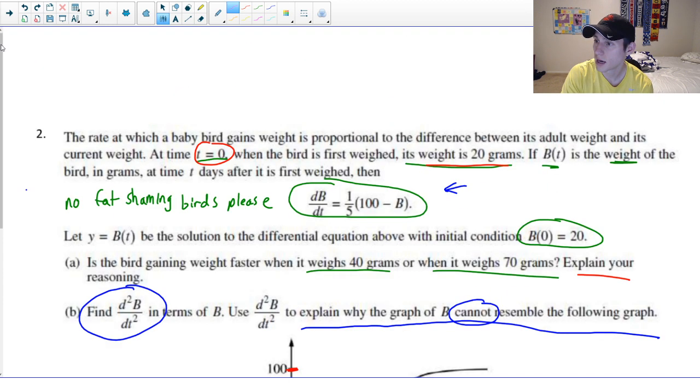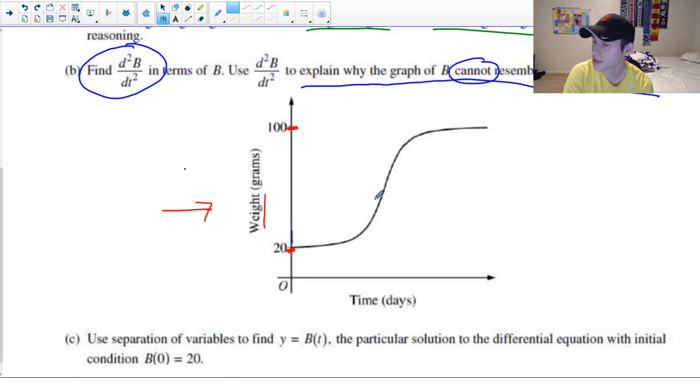Right, but let's go back to our graph. This graph is definitely not always concave down. It's concave down for this part of the graph, but this first piece is clearly concave up, right? And then it hits an inflection point and then starts becoming concave down, this pink part.